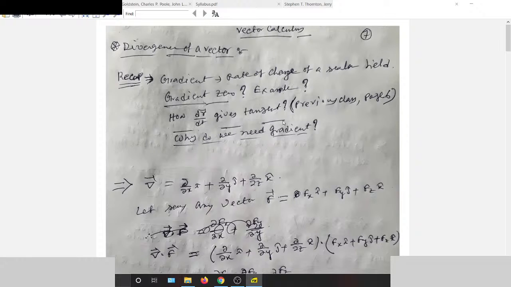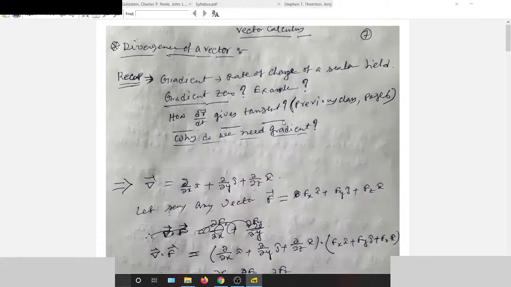Sir, suppose a surface where we have a very constant scalar distribution, meaning the scalar field doesn't depend upon any variable like x and y.